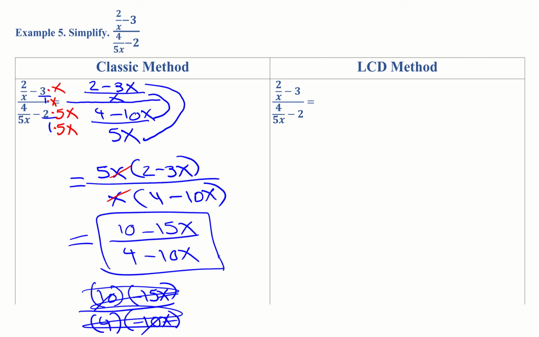All right, let's try the LCD method for this problem. So this time, remember, let me go ahead and throw the ones down here. You're going to look for the LCD of the 4 fractions, or 4 terms. So what is it? Well, you have x, 1, 1, and 5x. As you can guess, 5x is going to do it.